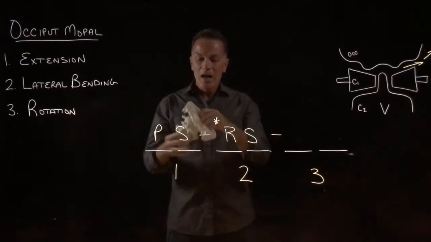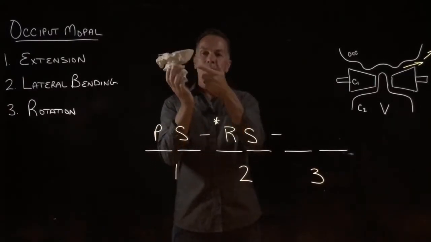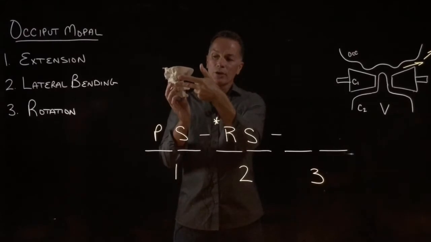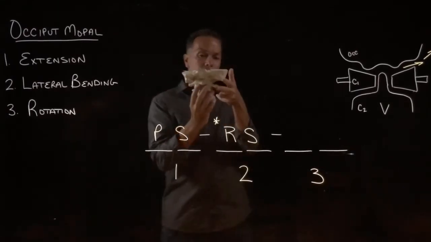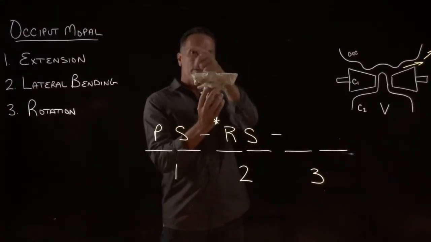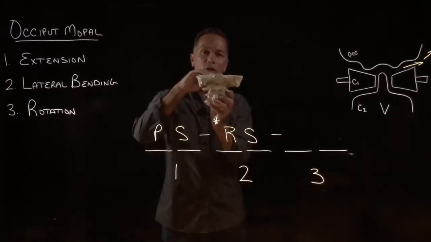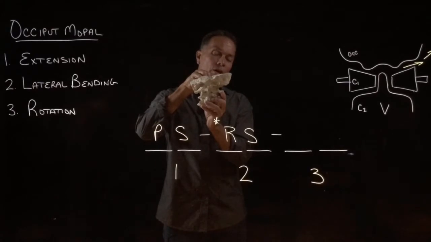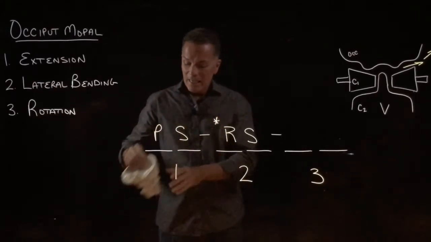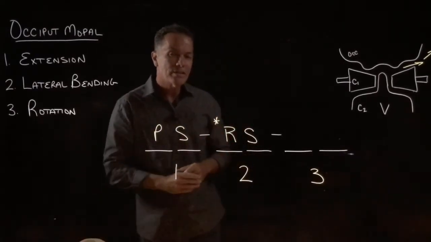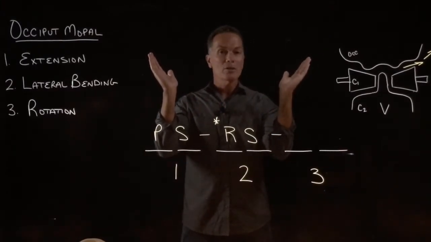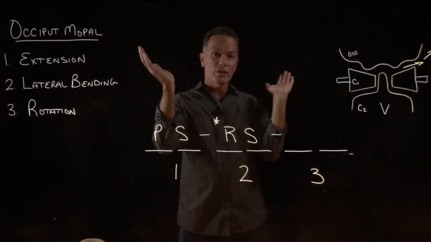On the side of laterality, we're going to place one finger on the mastoid process and the other finger on C1 TP, and then rotate the patient's head in the opposite direction. We're looking to see if occiput is gliding and separating away from C1. If it does not glide forward and separate away from C1 on the side of laterality, we say that occiput has shifted posterior on that side.